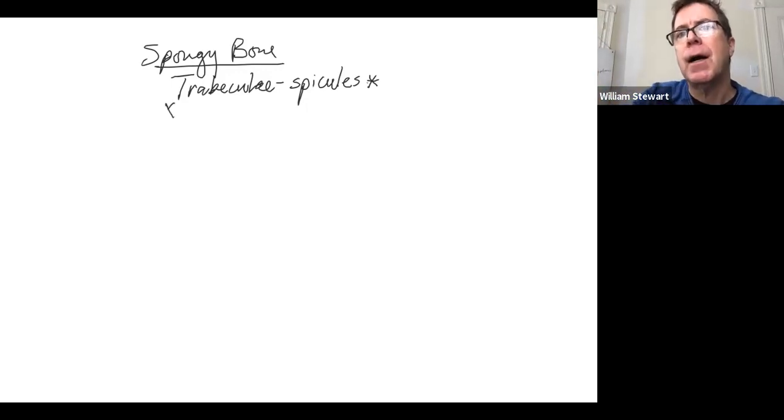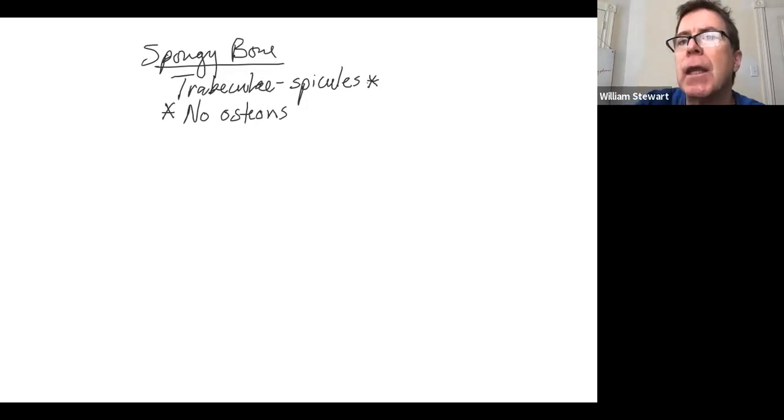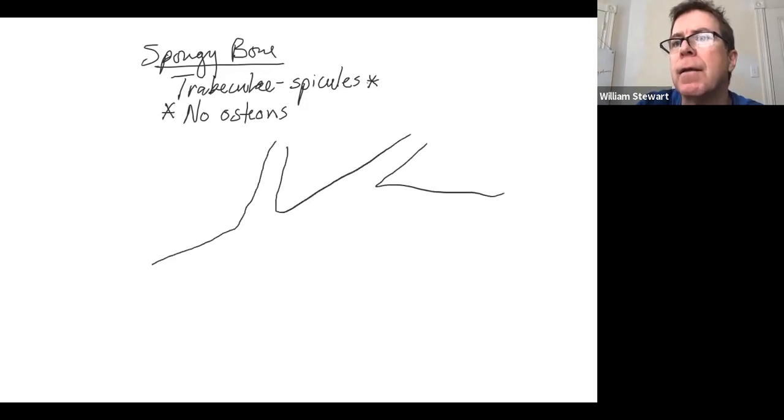There are no osteons, those growth ring patterns, in spongy bone. There's just a thin layer of lamellar bone tissue on the outside of those little bone needles. There are osteocytes, so now I'm going to try to draw these. I'm going to magnify these trabeculae, make them really big.